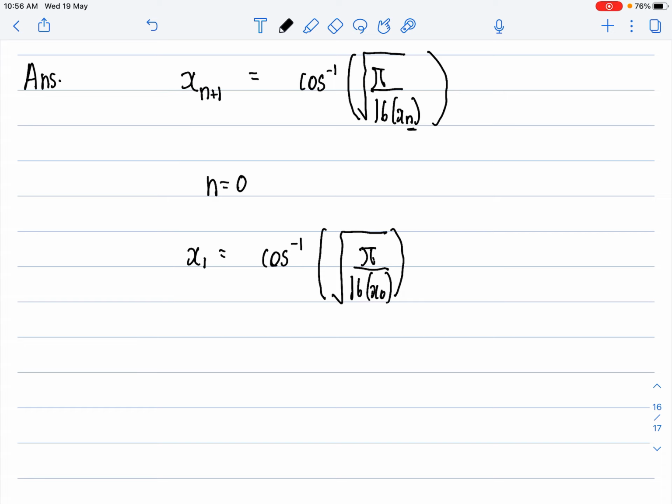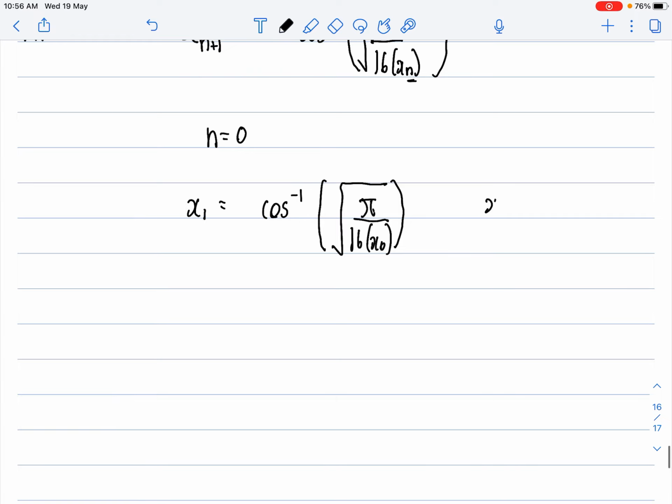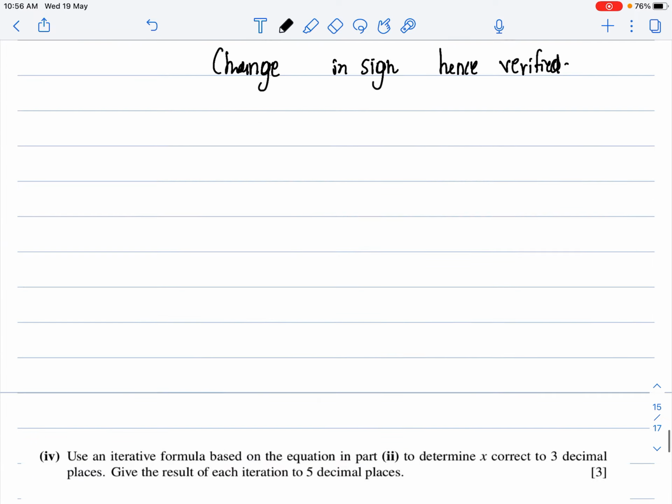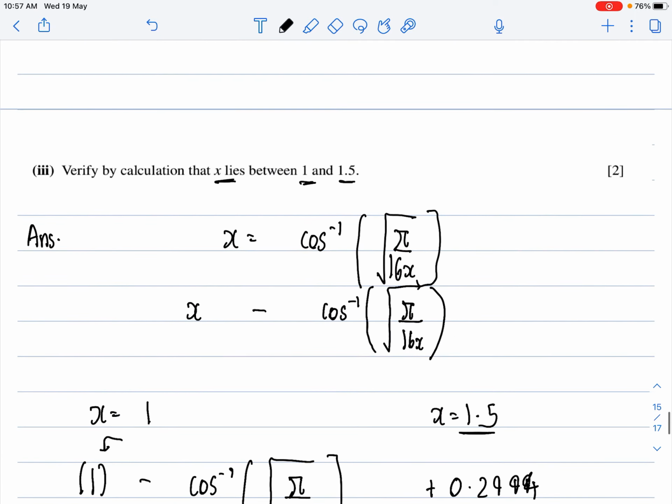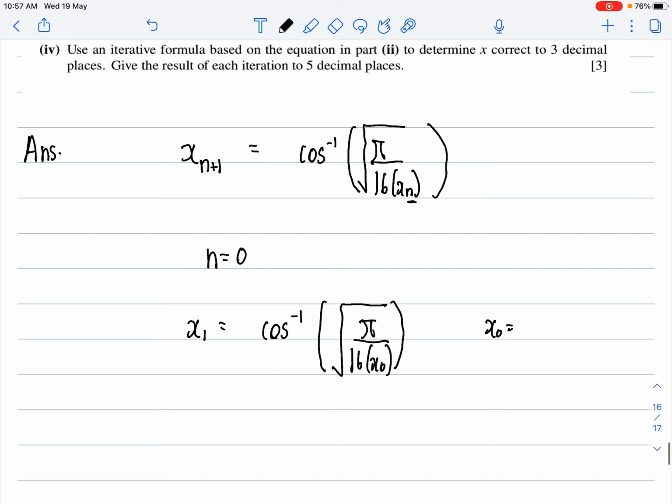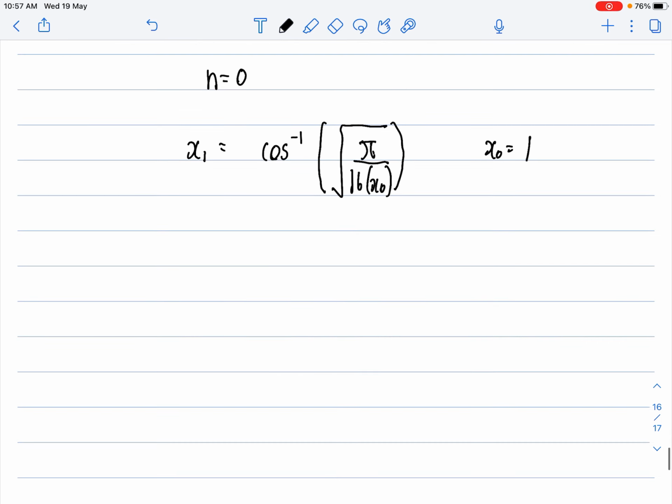Correct? Now I can take my x0 as 1 or 1.5 because I know x lies between them. So for now, let me take 1. When I take 1, I can write this as cos inverse of the root of pi over 16 into 1. So now write exactly this on your calci.